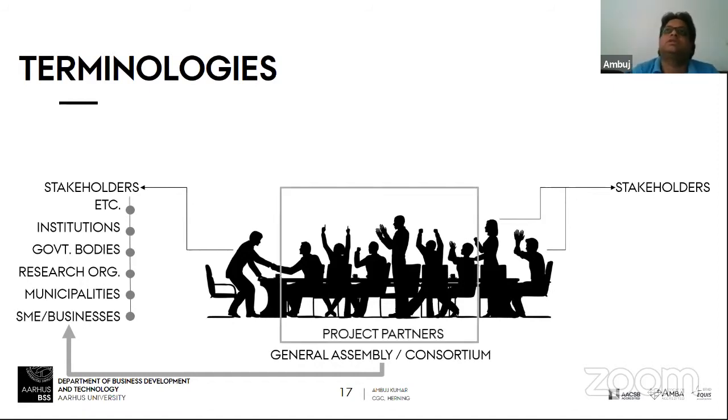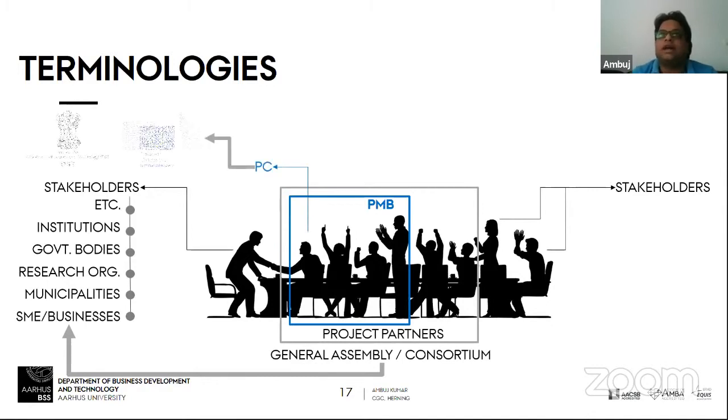Within this assembly, there are project partners who are directly involved in your project and contribute to it, related to some of the objectives. Within the project partners, there is a project management board. In this board, there's one important person, the project coordinator, who will communicate with the funding bodies about the updates of your project.